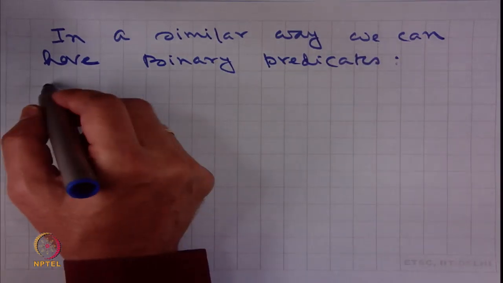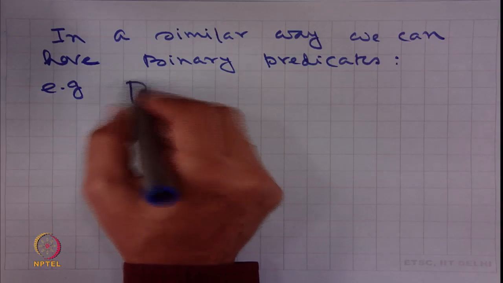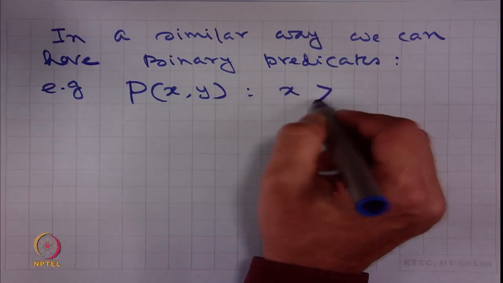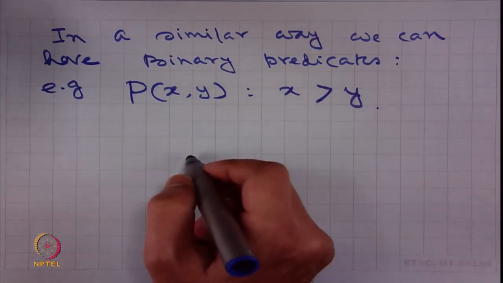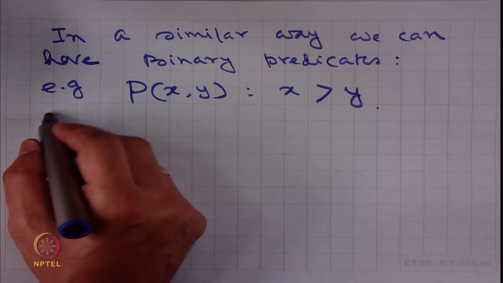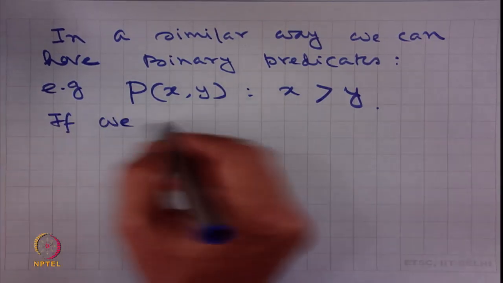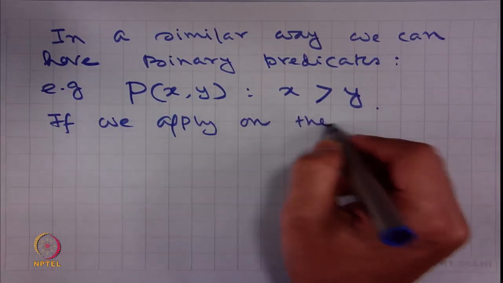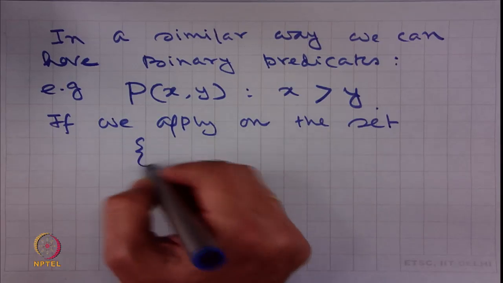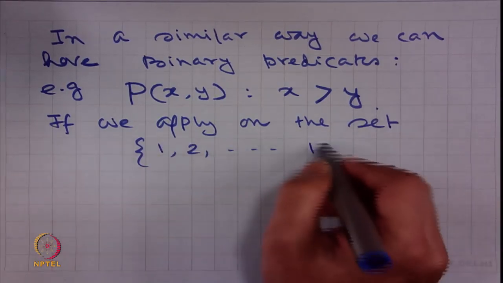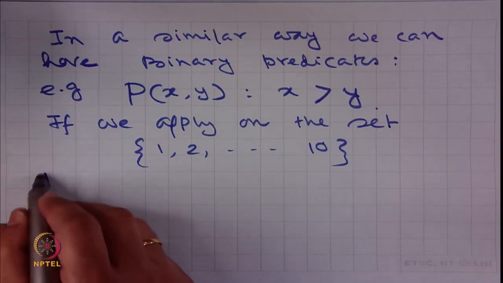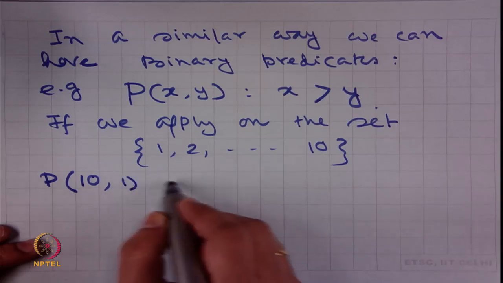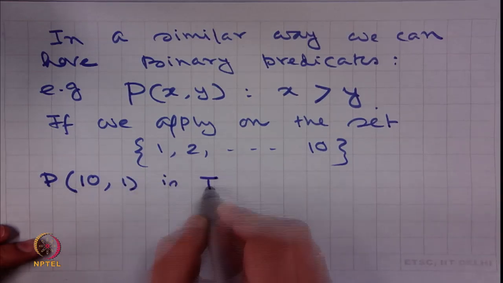For example, P(x, y) is x is greater than y. If we apply it on the same set, say 1, 2 up to 10, then we can see that P of 10 comma 1 is true, because 10 is greater than 1.